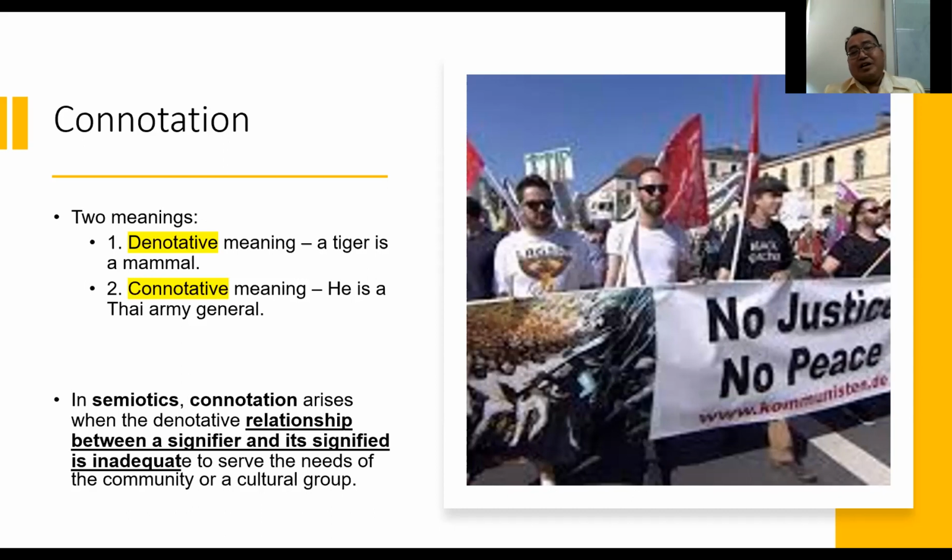Like, he's a Thai army general. So the phrase Thai army general is not just about a job, right? It's not just a job, but it has some connotation. An army general is someone who's powerful, has power.